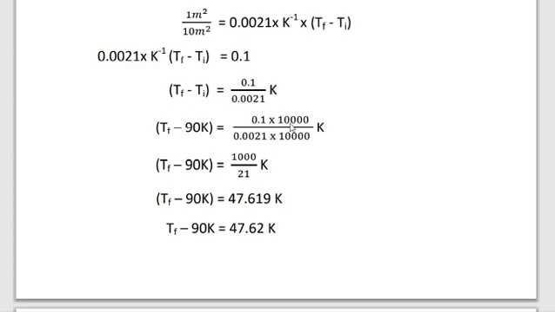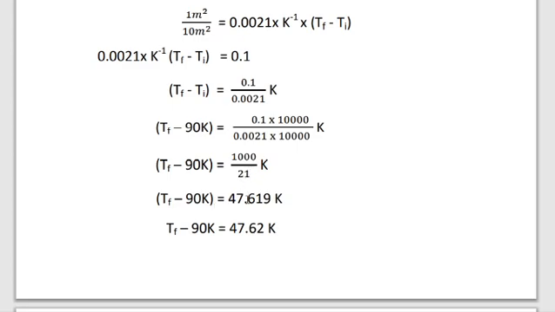So we multiply 10,000 on both sides so that the number becomes a whole number. So 0.1 into 10,000 is equal to 1000. 0.0021 into 10,000 means we get 21. TF minus 90 Kelvin is equal to 1000 divided by 21 Kelvin.